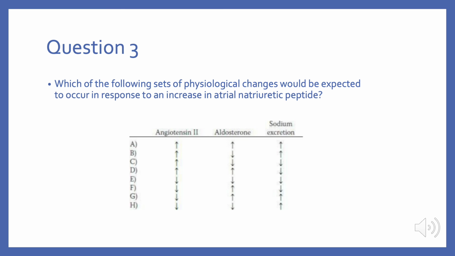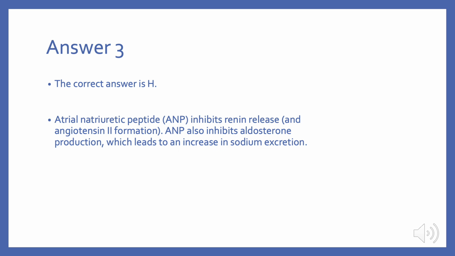So RAAS increases sodium reabsorption, ANP and BNP increase sodium excretion. Increase reabsorption, increase excretion. So they counteract and balance each other. Here is answer 3. The correct answer from the previous options is H, as we discussed, and you can read it through on your own also.